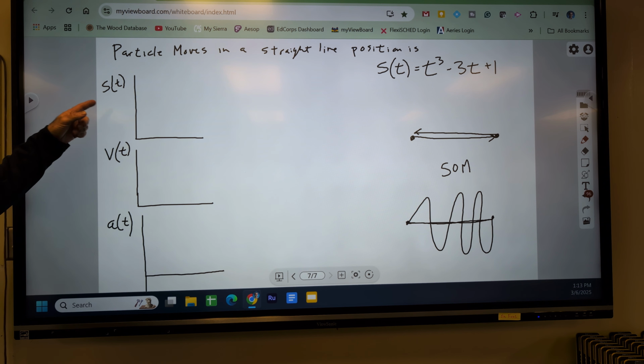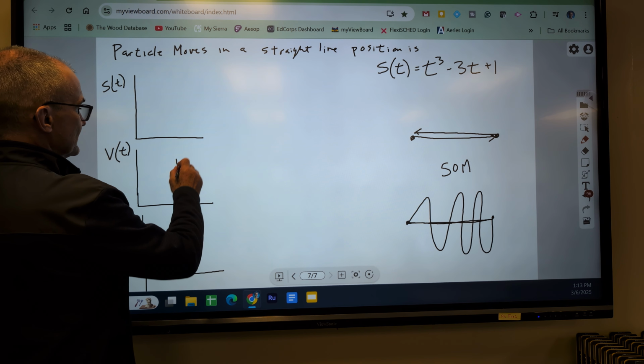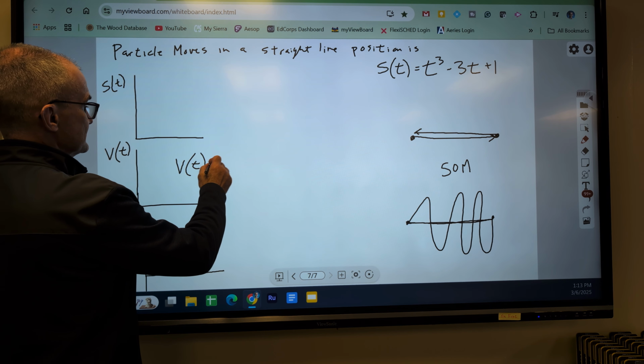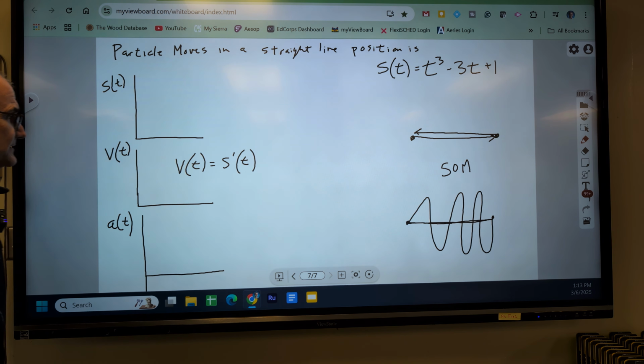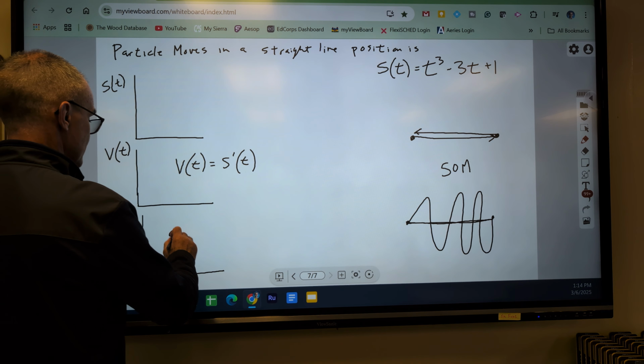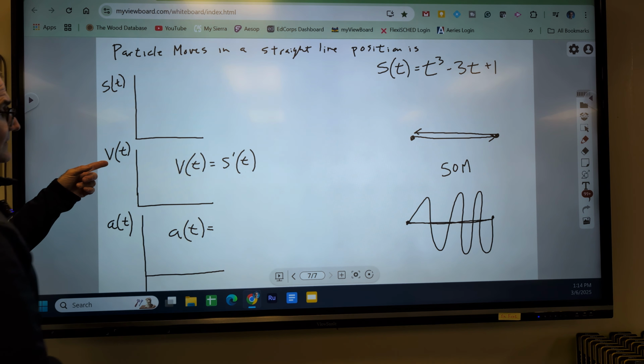Then after that, if we take the derivative of S(t), that gives us v(t), which is velocity. Velocity is the first derivative of S(t). So velocity is equal to the derivative of displacement. And then after displacement and velocity, acceleration. Acceleration is going to be the derivative of velocity.